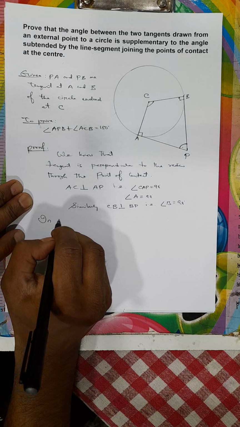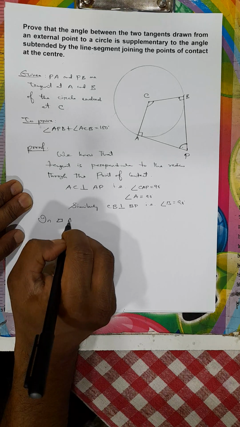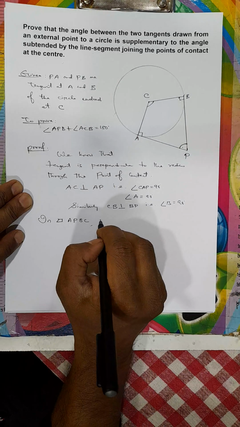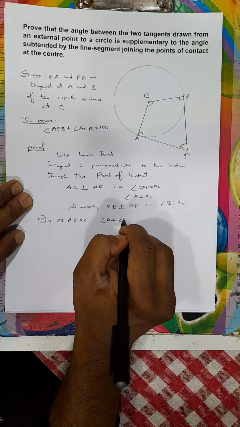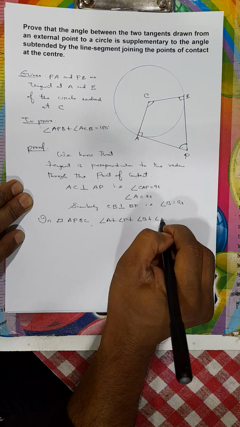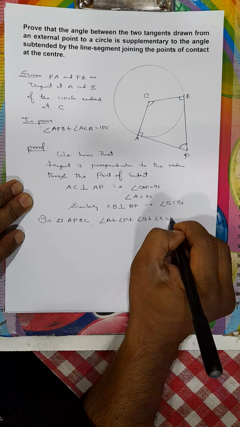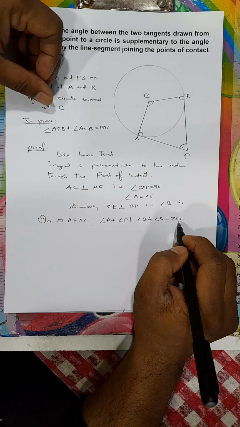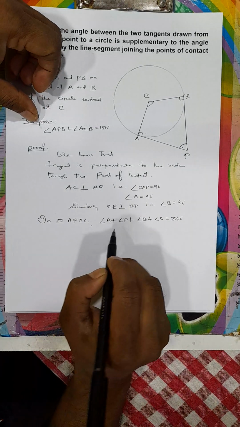In quadrilateral APBC, we find that angle A plus angle P plus angle B plus angle C equal to 360 degree. It is the angle sum property of a quadrilateral, right?